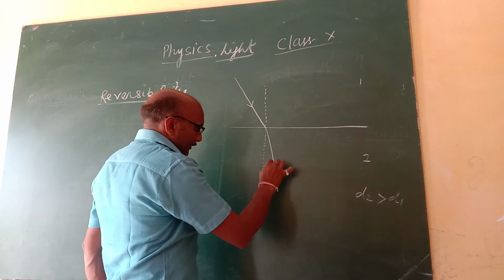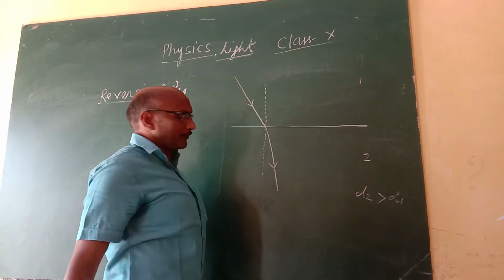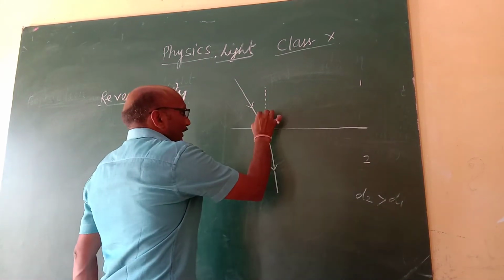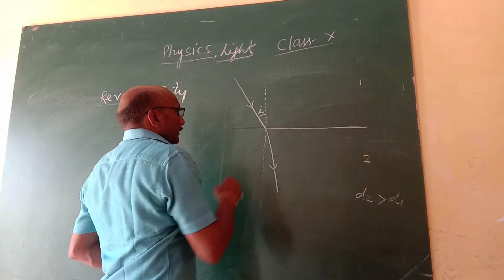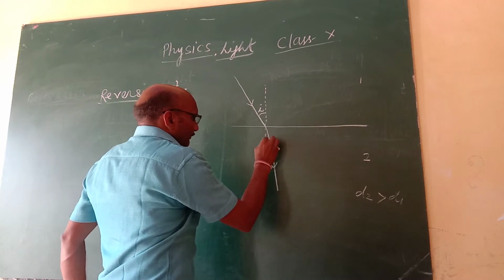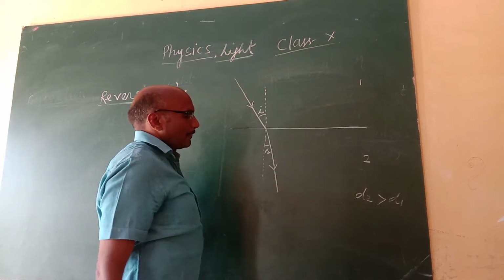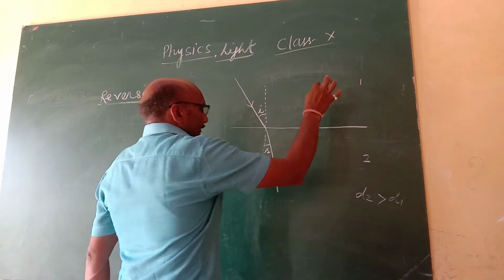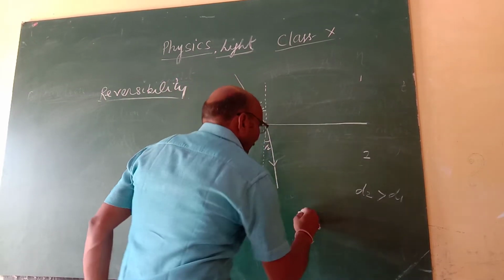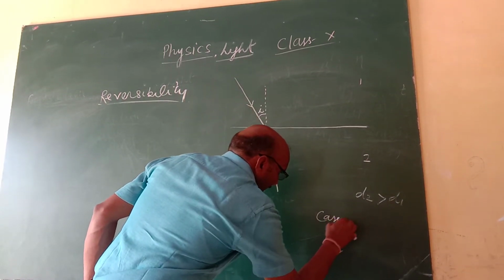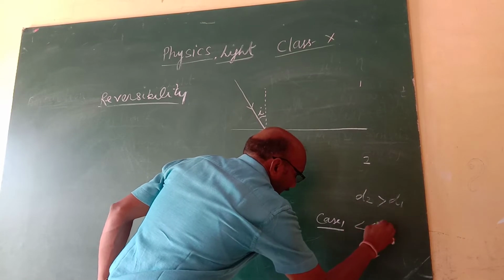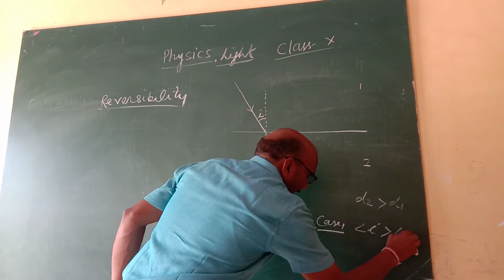Okay, this is the actual path of light. This is angle I and this is angle R. So in this case 1, angle I is more than angle R.